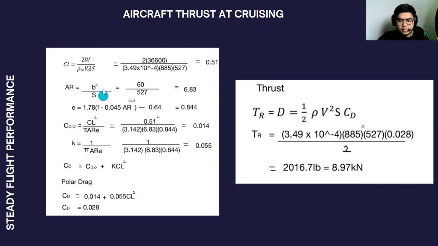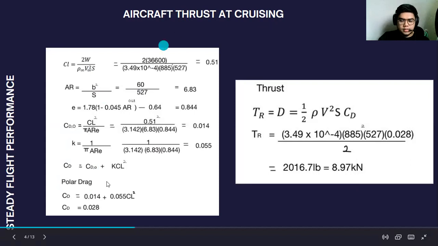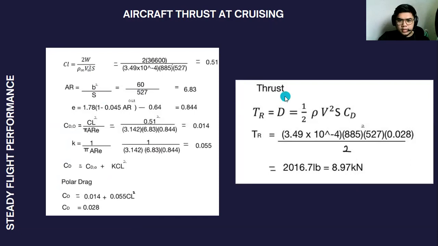As you can see in this slide, I will apply all of these formulas and put the values in to get the drag polar. The first step to calculate the thrust is to calculate the drag polar, and then I substitute into the thrust equation, and for thrust at steady flight I get 8.97 kilonewton.